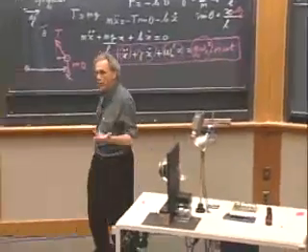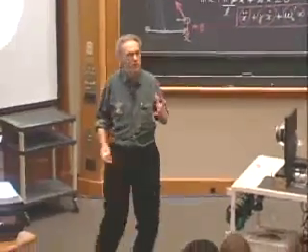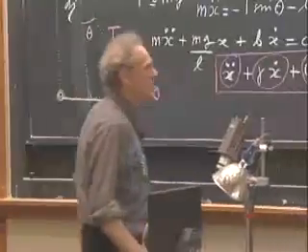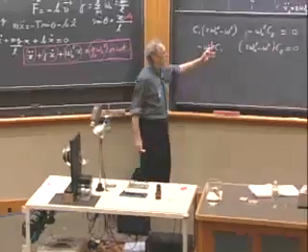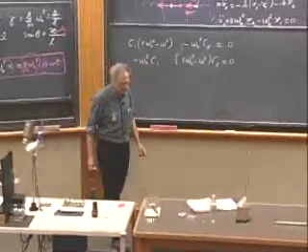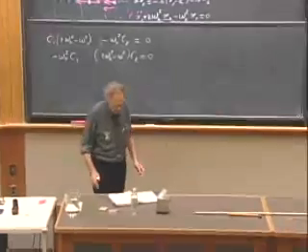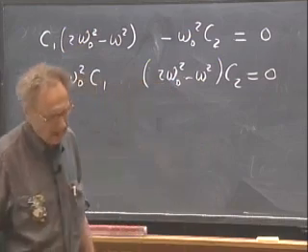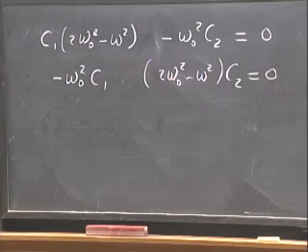But you can always find in the normal modes, without knowing anything else, what the ratio is of those amplitudes, c1 and c2. And you can always solve for omega, and you will see how that works. So with two equations and three unknowns, you can only solve for omega and for the ratio c1 over c2.